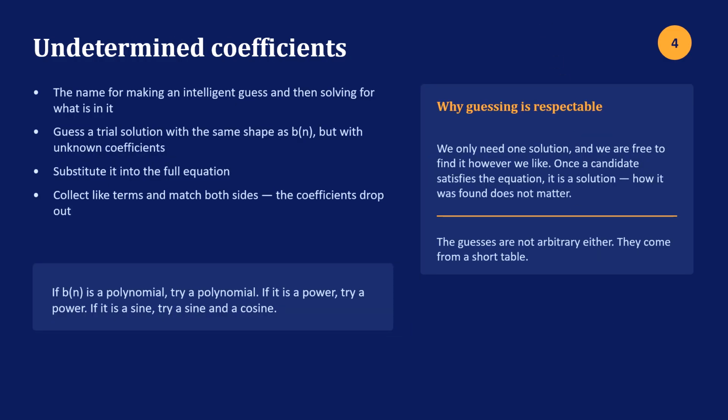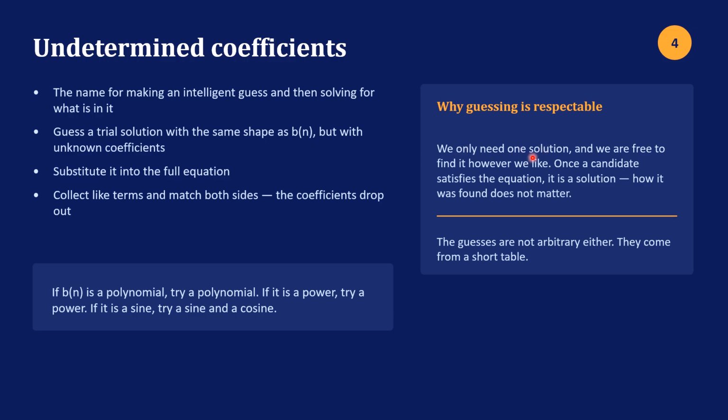Concerning the particular solution, we use a method known as undetermined coefficients. That's just a fancy name for taking a guess. We guess the trial solution with the same shape as b of n, but with unknown coefficients. We substitute it into the full equation, collect like terms and match both sides. The coefficients drop out. So why is guessing respectable?